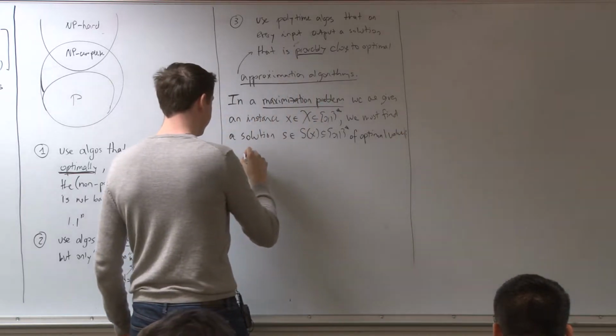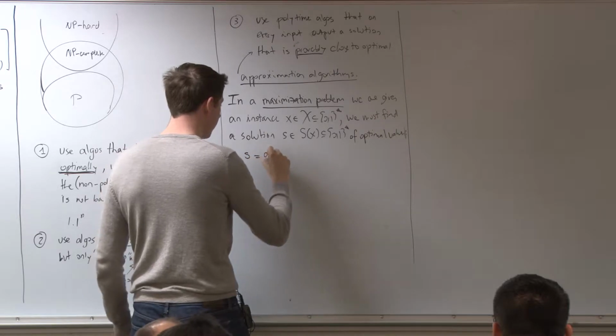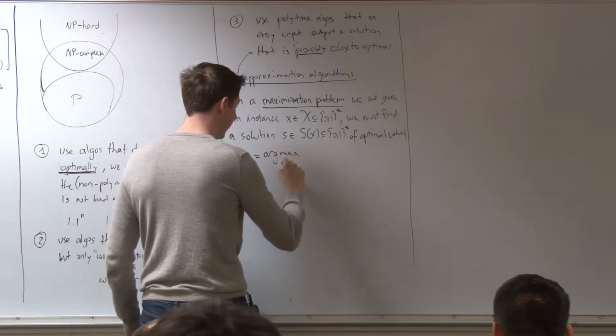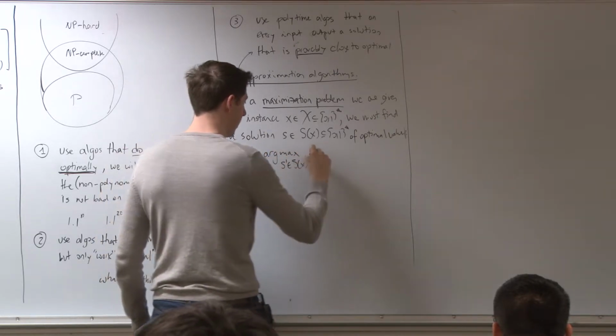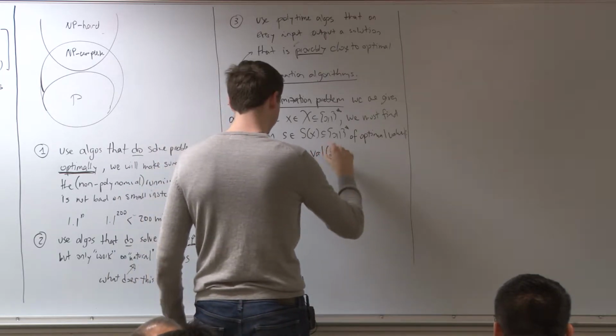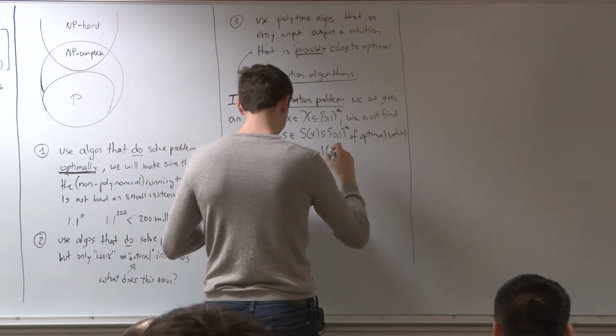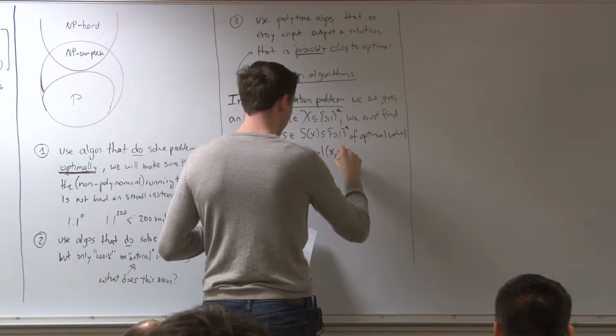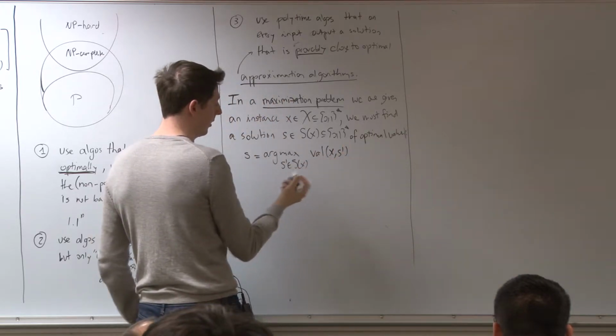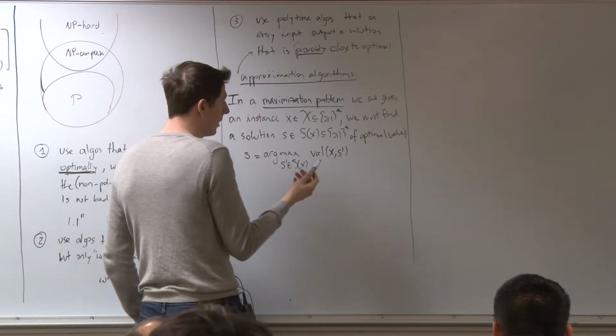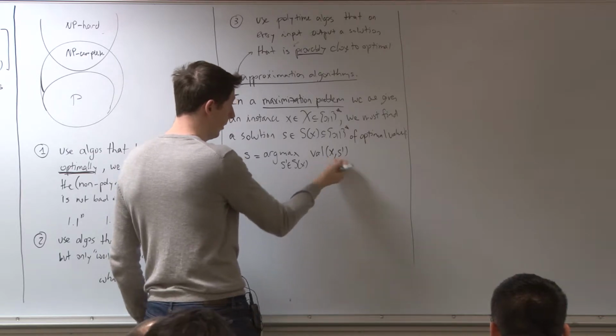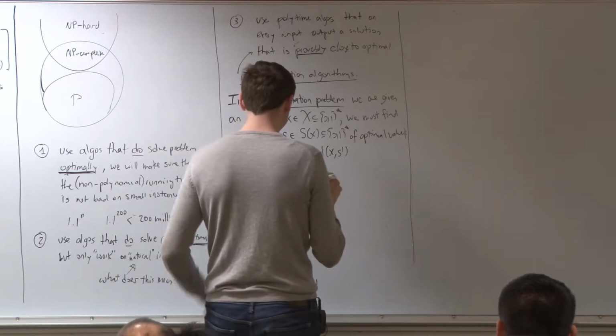So we have S is going to be the argmax over S prime in S of X of the value. We have some way to score the value of a candidate solution depending on the instance and the solution at hand.